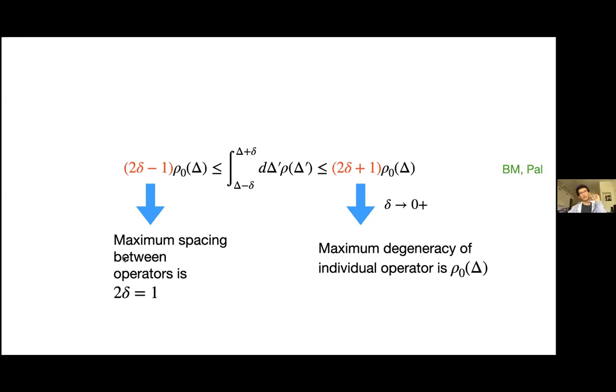So it means that the maximum spacing between operators is 1. For the upper bound, you can take this small delta to be very, very small, to be almost 0, right? And so that essentially means that the maximum degeneracy of an individual operator is this rho naught. So it's also kind of a simple consequence of this bound.